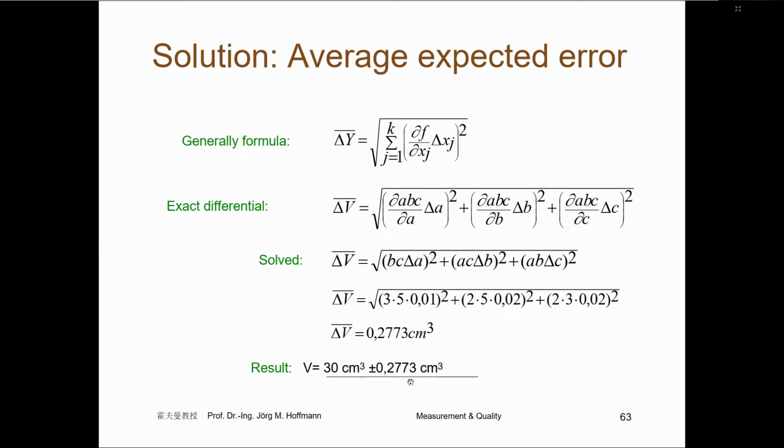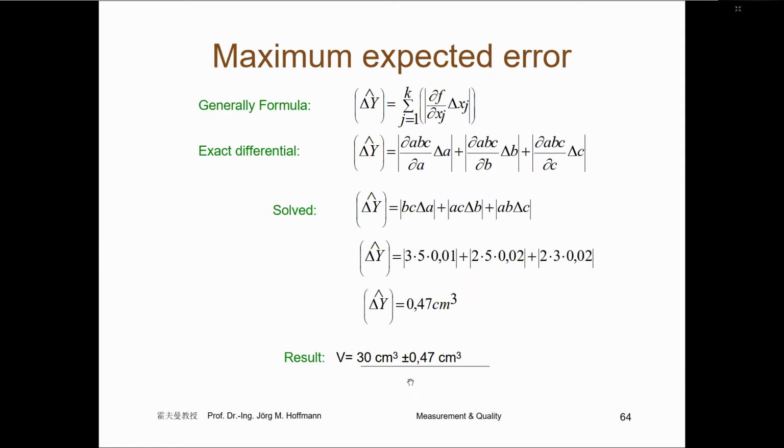Then we had to calculate the absolute maximum error, the maximum expected error. There I explained we avoid the shortening by the theorem of Pythagoras. That means we do not square and do not take the root, so we add the absolute values. You see the same principle: you calculate the exact differential.